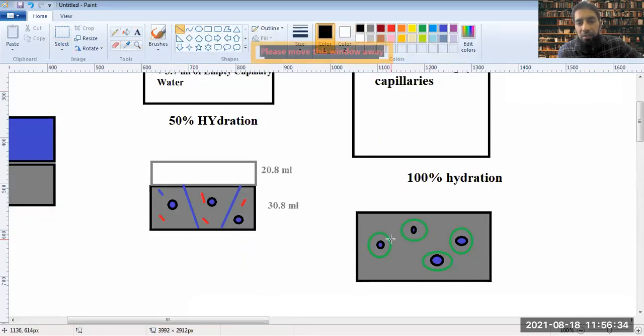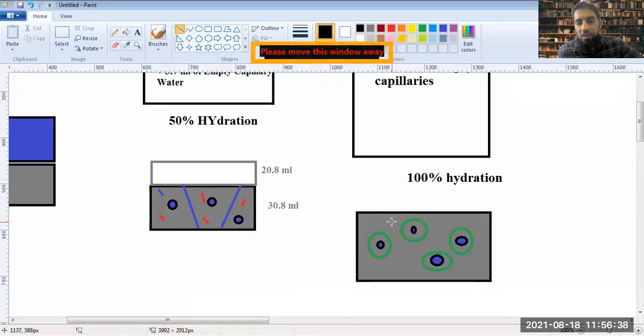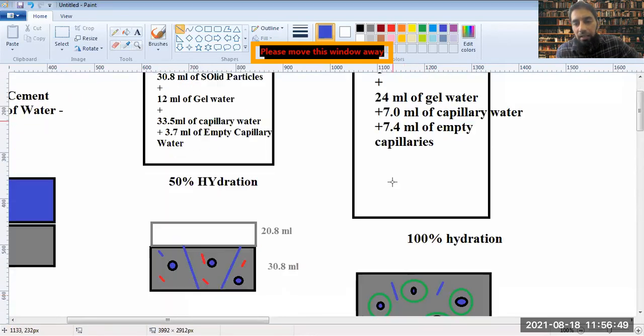But at 100% hydration now, here it was 33%, so it has gone down to 7%. So they actually break down into smaller capillaries inside the concrete solid, and there are 7%. So the empty capillaries increase.